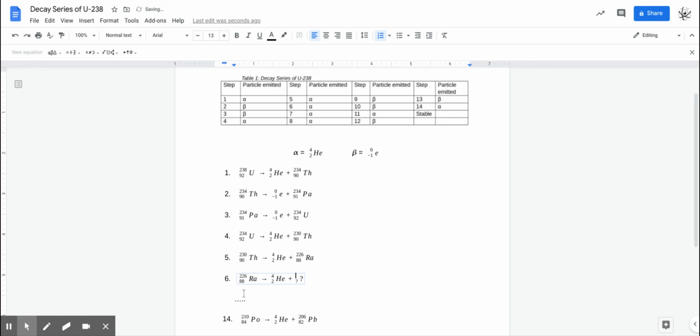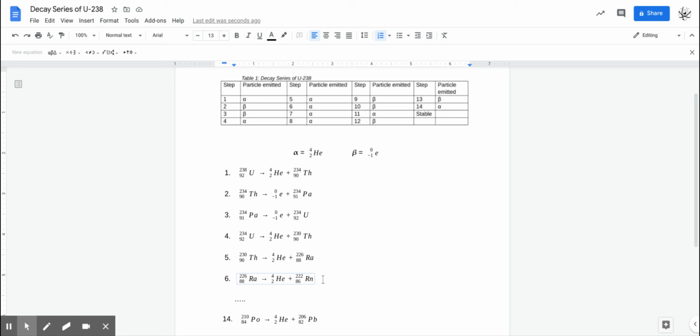So for my daughter's mass number, 226 minus 4 is 222. To solve for my daughter atom's atomic number, 88 minus 2 gives me 86. And then I go to my periodic table and I find that element number 86 is radon. And radon has the symbol Rn.